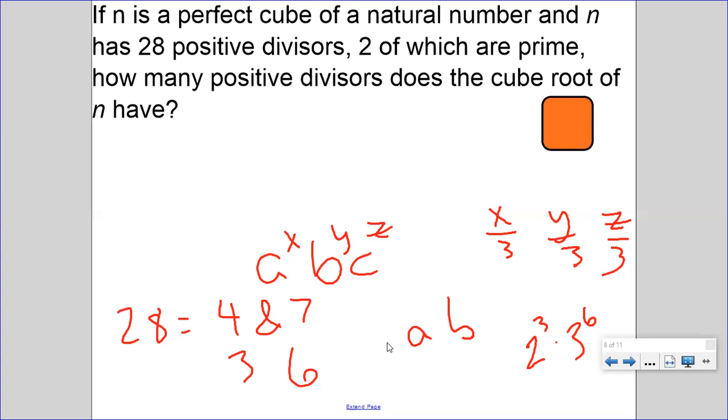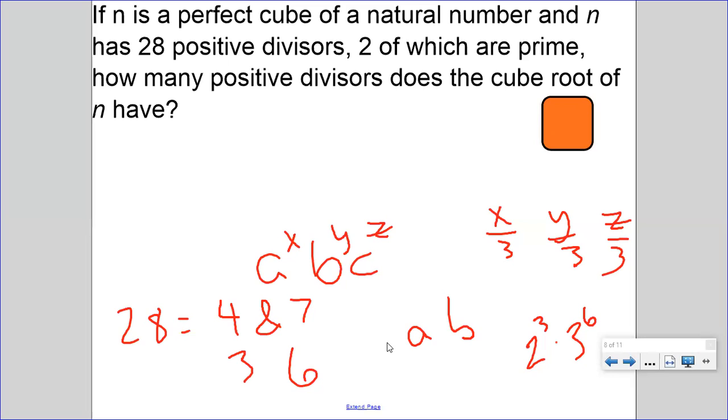Ooh. Crickets. We don't think there's another factor, is what I'm hearing. Why not? If you're uncertain, give me an argument of why you think there could be or couldn't be.